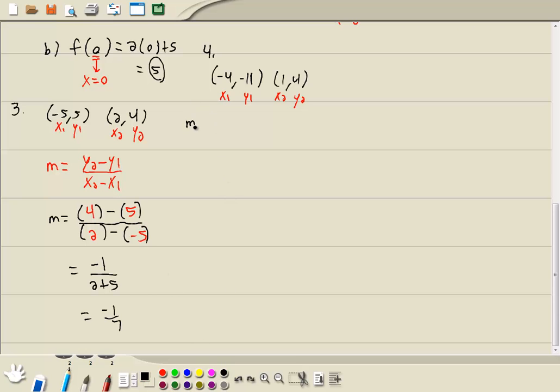And again, first thing we'll do is go through and replace all of our variables with parentheses. Now y2 we said was 4, y1 we said was negative 11. x2 is 1, x1 is negative 4.